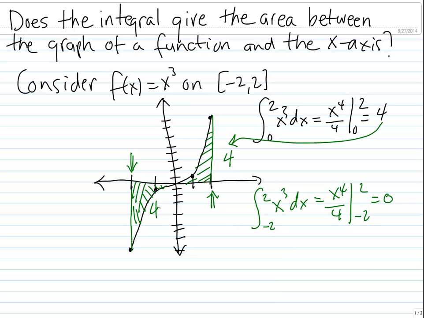It's pretty easy to see that since this function is odd, the area between 0 and 2 is 4, and the area between -2 and 0 is 4. So the area between the function f of x equals x cubed and the x-axis between -2 and 2 is actually equal to 8.